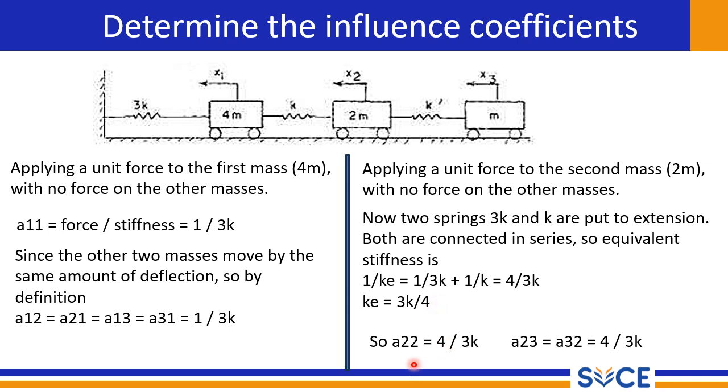The influence coefficient is nothing but force divided by stiffness. Force is 1, so substituting the stiffness 3k by 4, A22 is equal to 4 by 3k. Once again, applying the influence coefficient property, A22 also equals A32 and A23, because we are applying force only at the second mass and observing the disturbance at the third mass. So it is 4 by 3k.